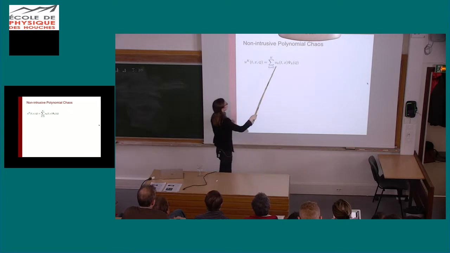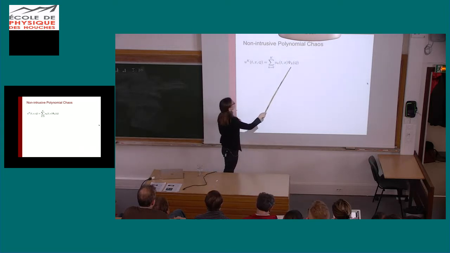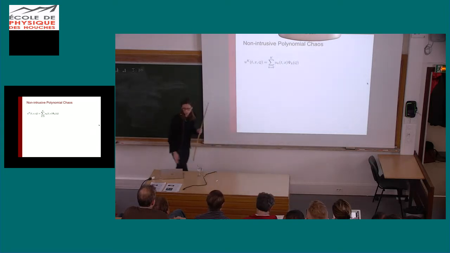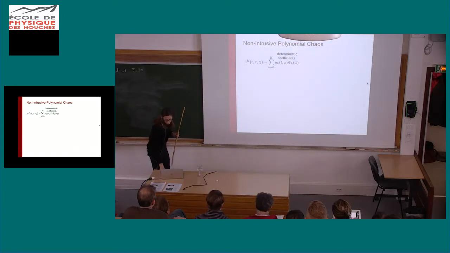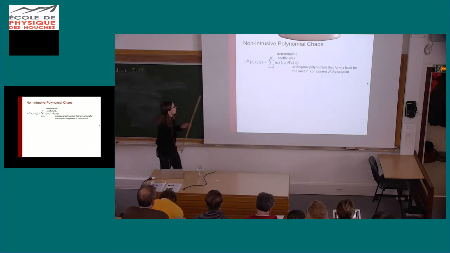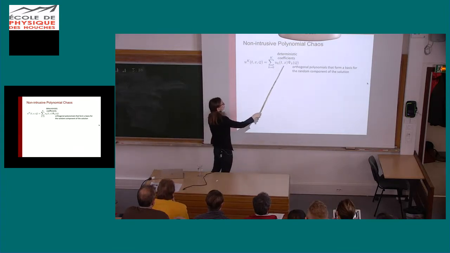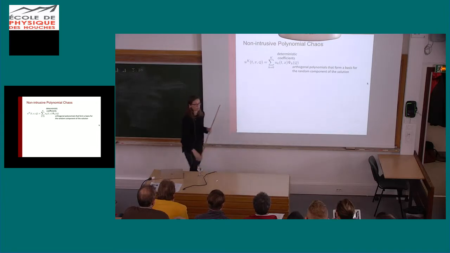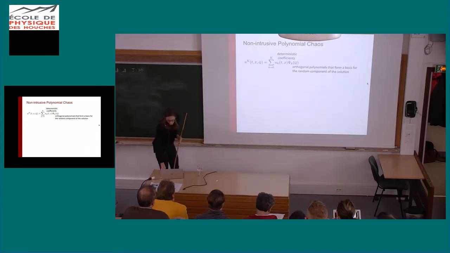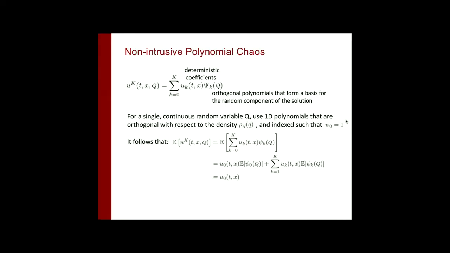And you write it as a summation of deterministic coefficients, and then here a polynomial basis that is a function of the random component of the solution. So what you do here is you effectively separate the spatial temporal dependency that is deterministic from the random component. Right?